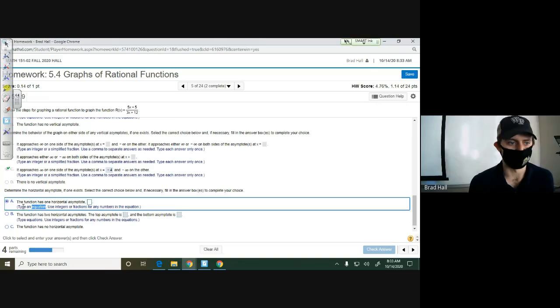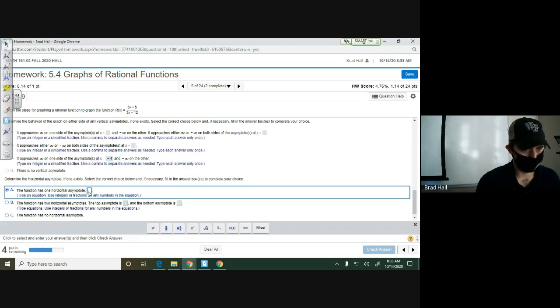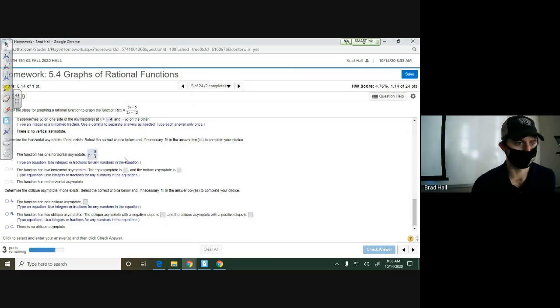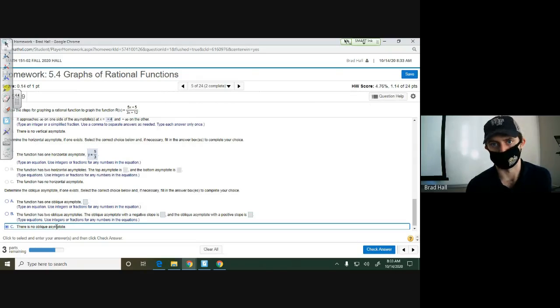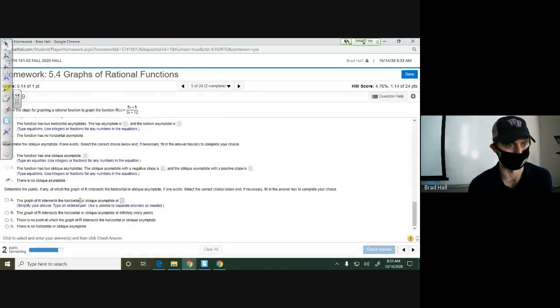So notice here, it says type an equation: y is equal to 5 divided by 3. And generally, we're not going to have an oblique asymptote. You can just get used to this for every problem. They're not going to come up in this class. I've never seen one, so you can just keep pressing: no oblique asymptote.